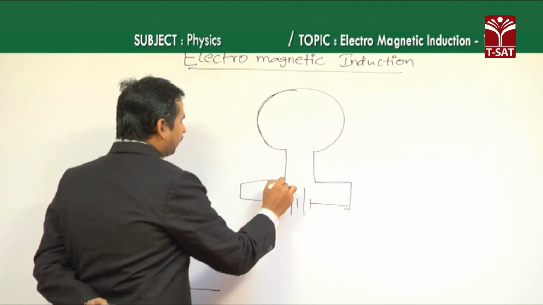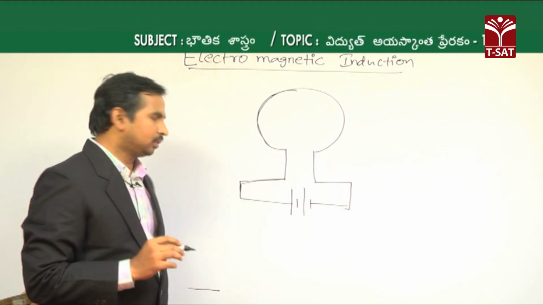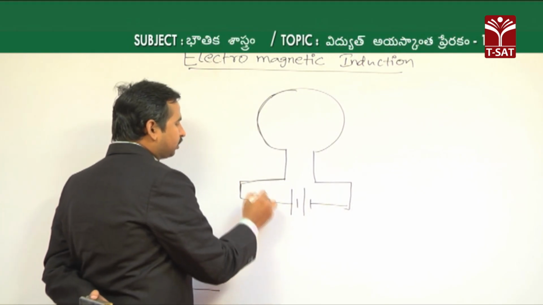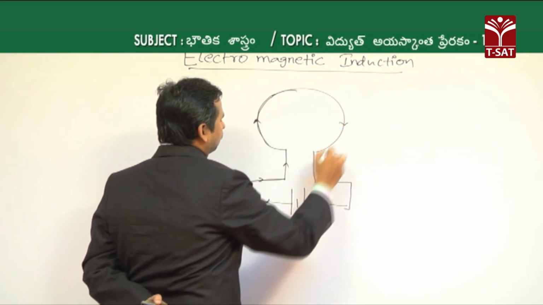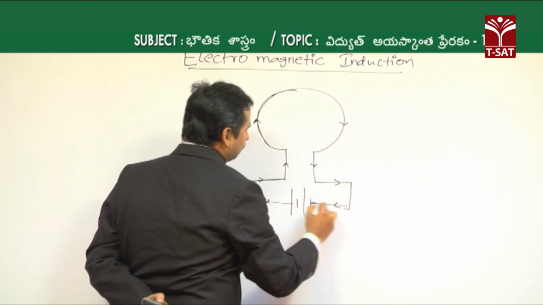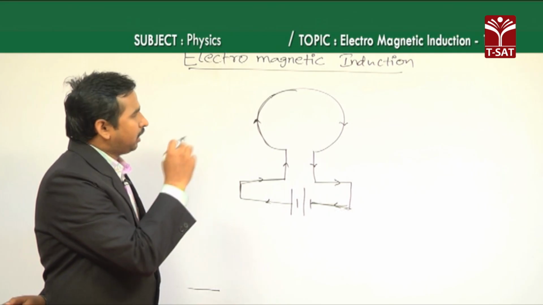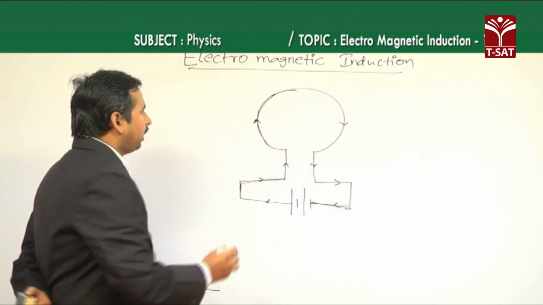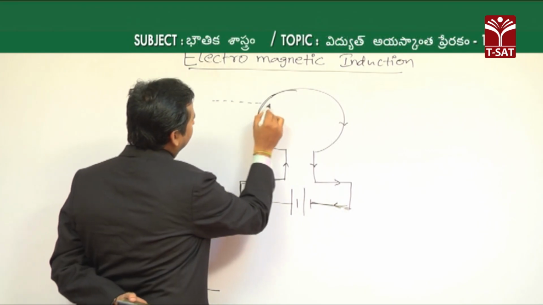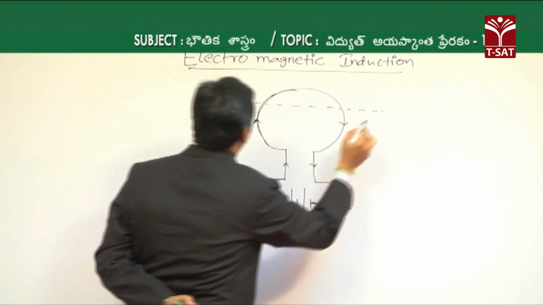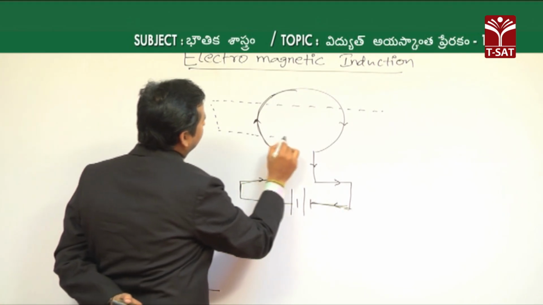The current is passing through it, going up on one side and coming down on the other side in this circuit. Now we are taking the magnetic lines of force around this circular coil, in the plane at this point.